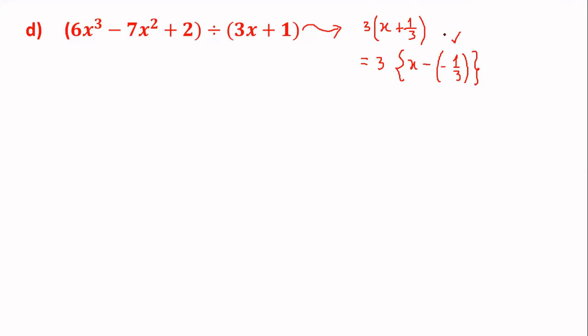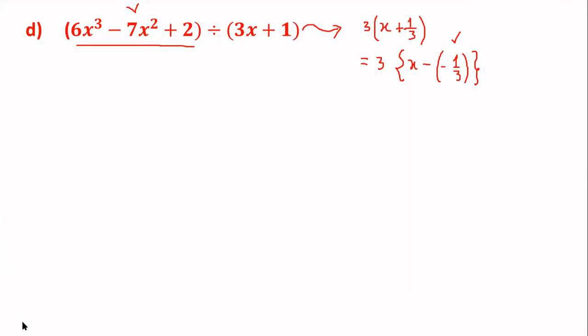Alright, so we are clear about the divisor part. Now let's look at the dividend polynomial part. Is there any unusual thing that you can see here? Of course, one x term is missing, isn't it? x cube is there, x square is there, but the x term is missing. So for that reason, we have to put that term in the dividend polynomial by writing it with coefficient 0.